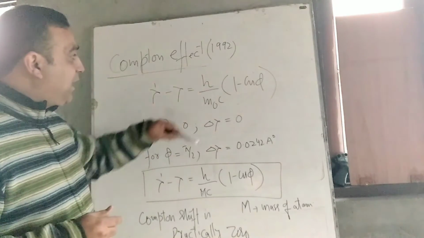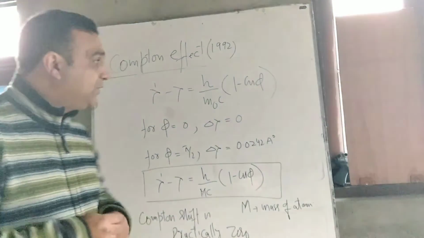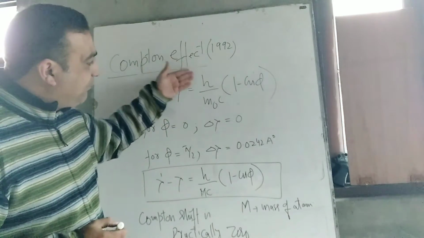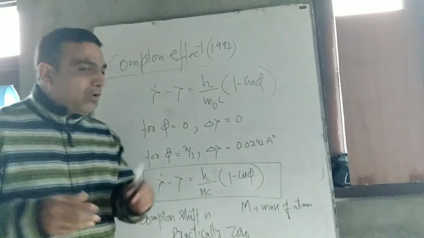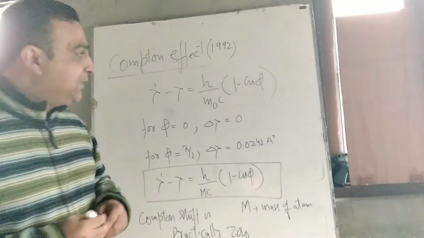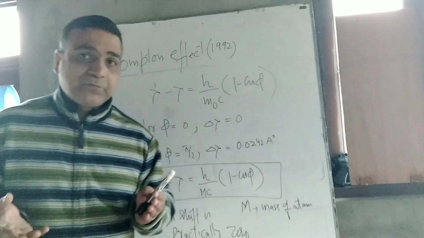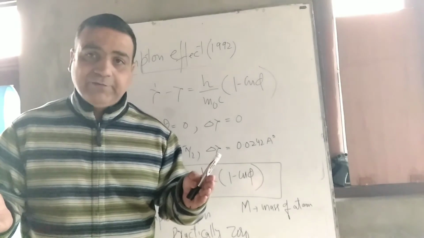It does not depend on any other quantity, because the rest of the things that appear in this equation, Planck's constant, rest mass, and speed of light, are all constants. So from this equation, we can measure how much shift there is in terms of the wavelength.